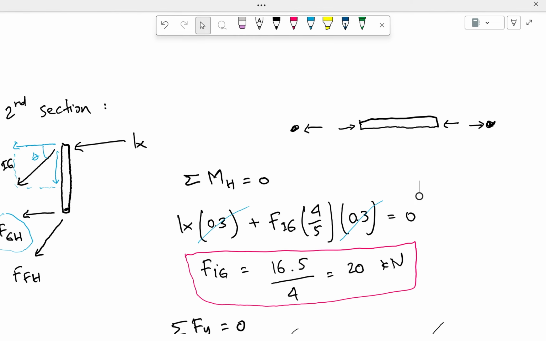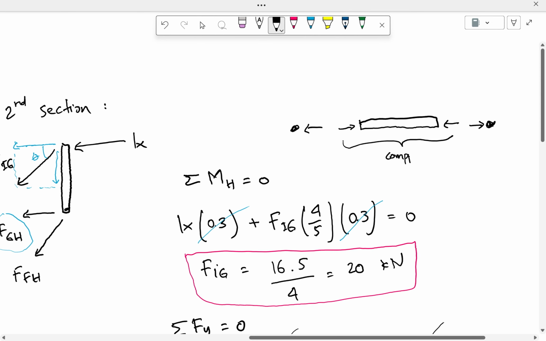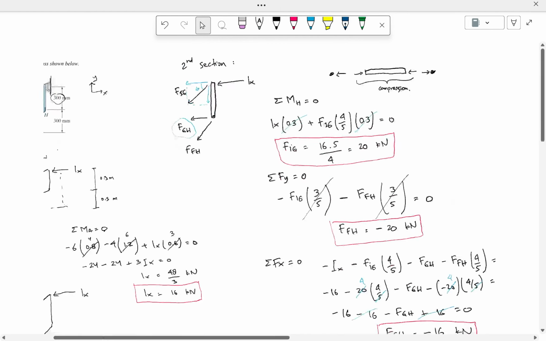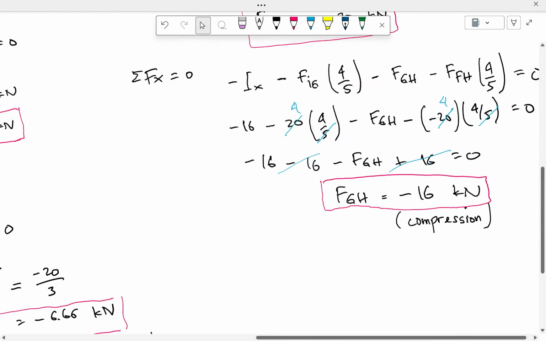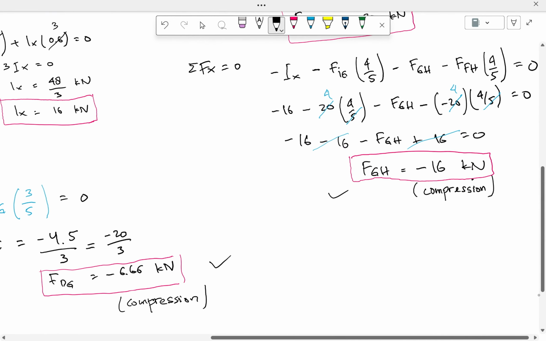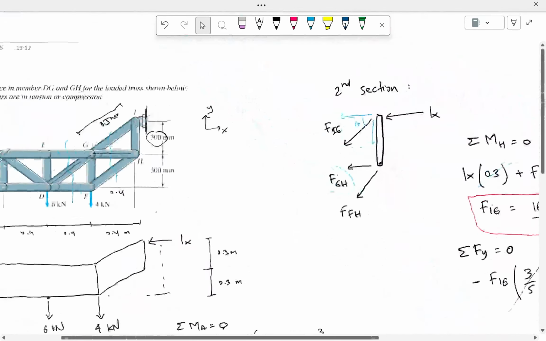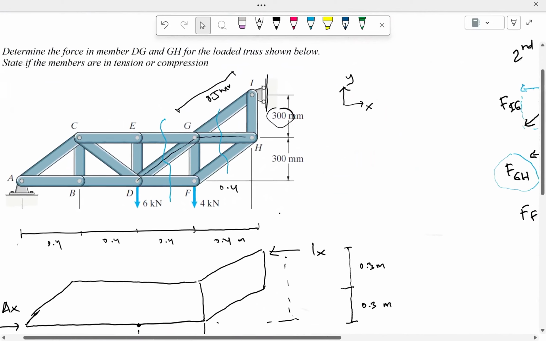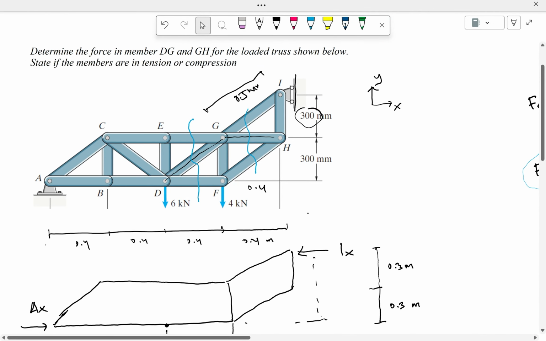So you see here it's compression, which is minus 16. So this is the result. So both the members in question are in compression. Okay, and I hope it's clear enough for you.